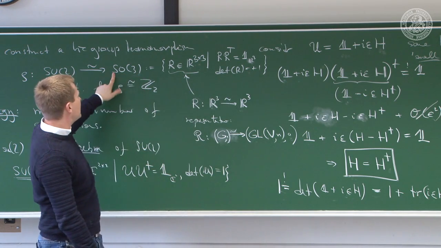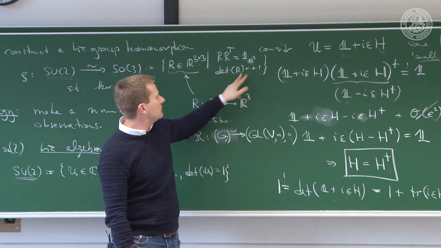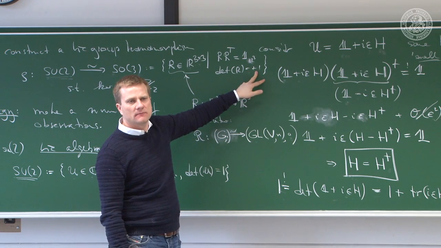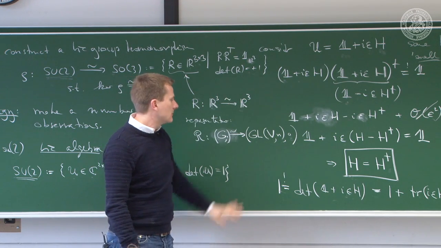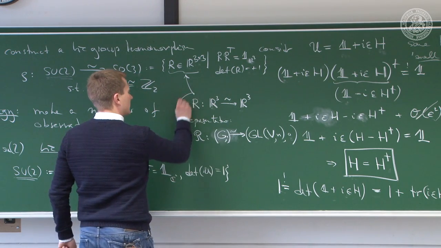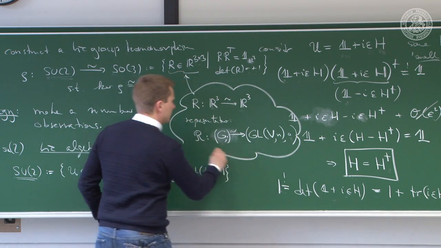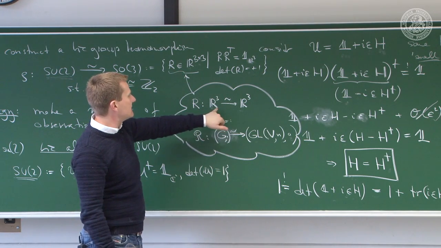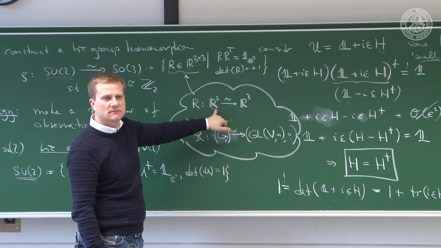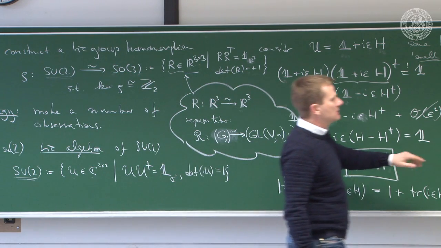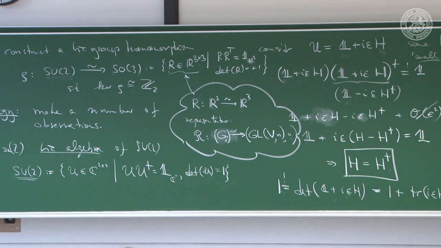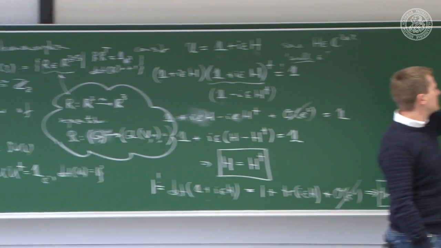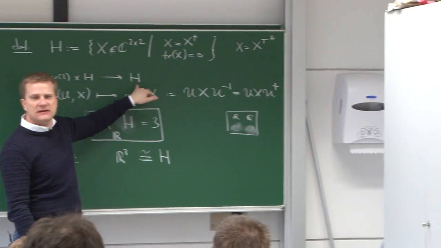And if you then have SO3, you even know the determinant is +1. Okay? So that's the confusion. So it's not this R that's three-dimensional, but it's the representation space on which it acts. It's an accident that this guy is three-dimensional, okay? But I'm talking about the representation space in which it acts.